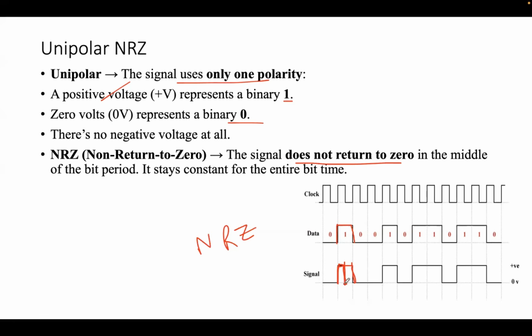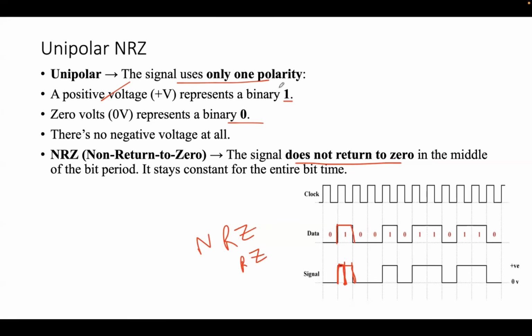So this is 0 level, so that we call it return to 0. If it remains constant for the entire bit frame, then that is non-return to 0. If you see a signal which is returning to 0 at the middle of the bit period, then that is called return to 0.